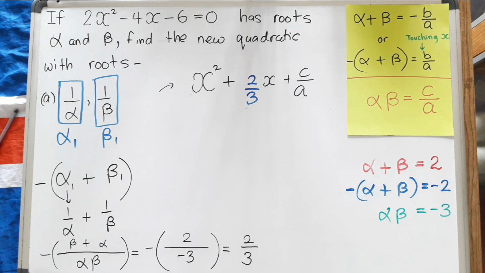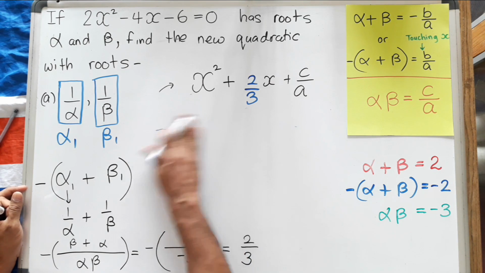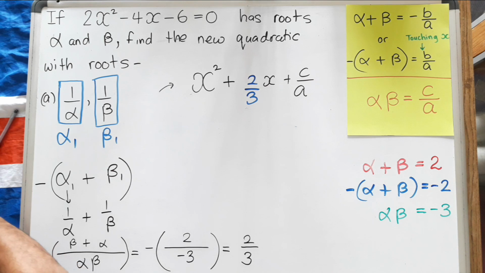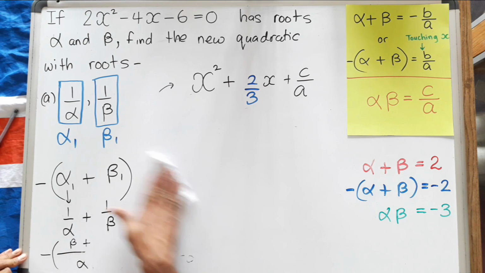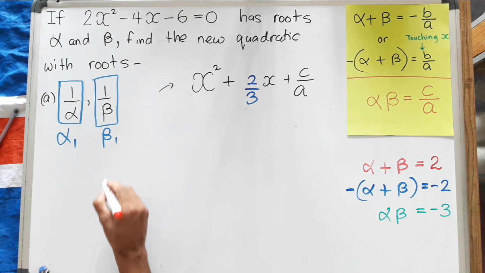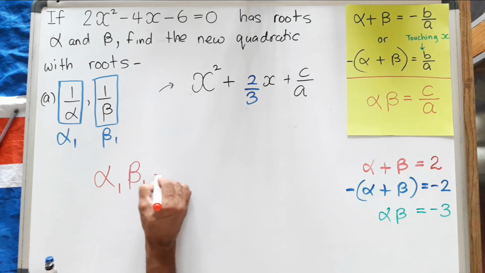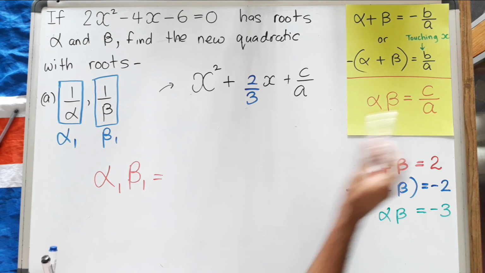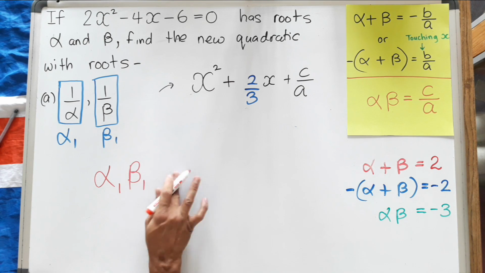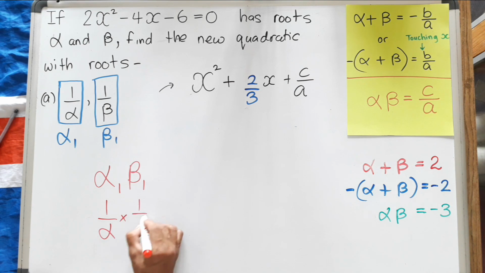To figure out C on A, well, we have to take the two new roots. Let me clear up here because we don't need this anymore. What we're going to do is take alpha 1 and multiply by beta 1. We have to multiply the two new roots to get C on A. So this is really 1 on alpha multiplied by 1 on beta.